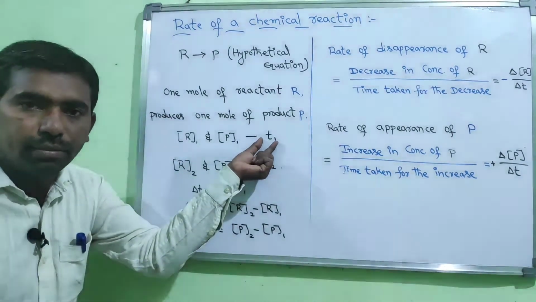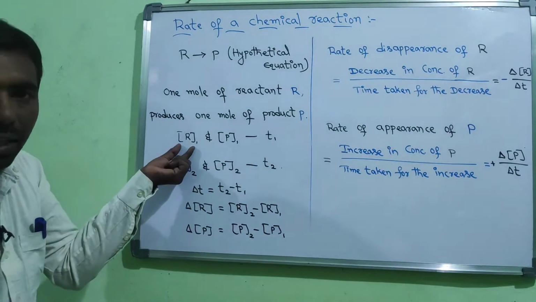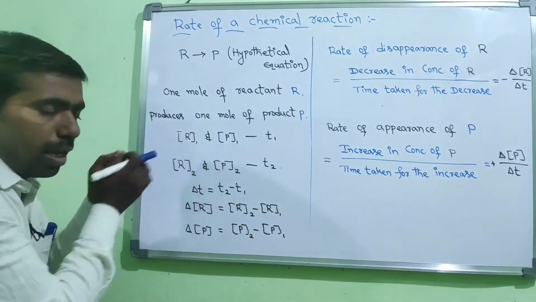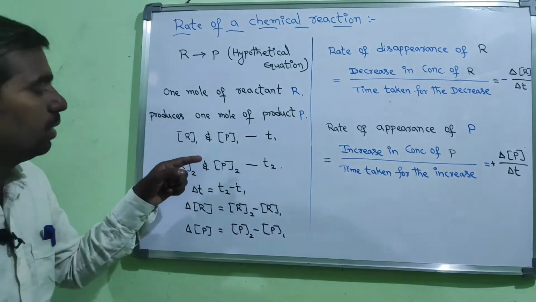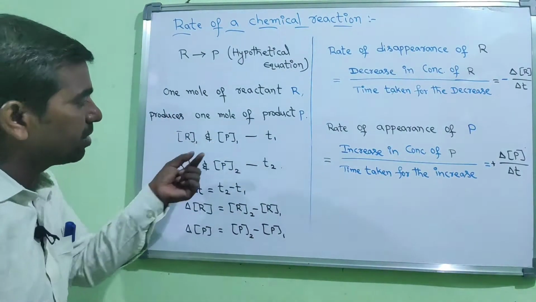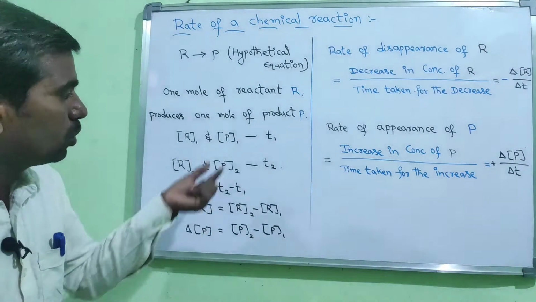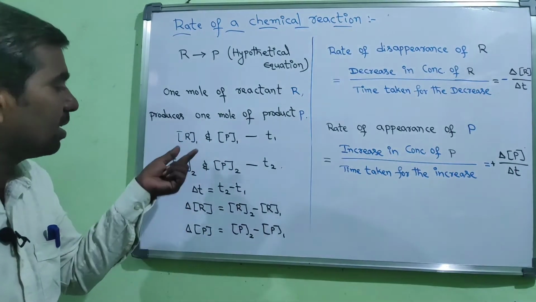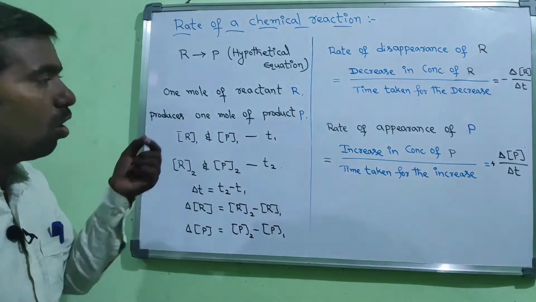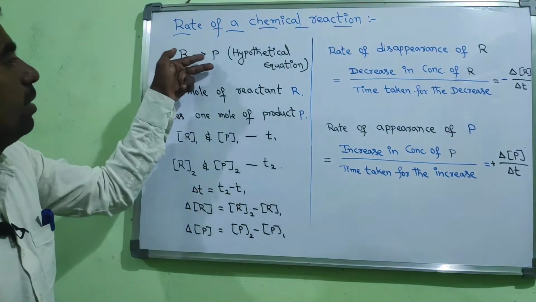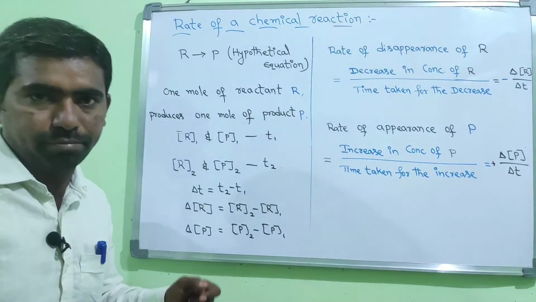At the time T1, R1 is placed in a square bracket and P1 is also placed in a square bracket. These two are the concentrations of reactant and product respectively.